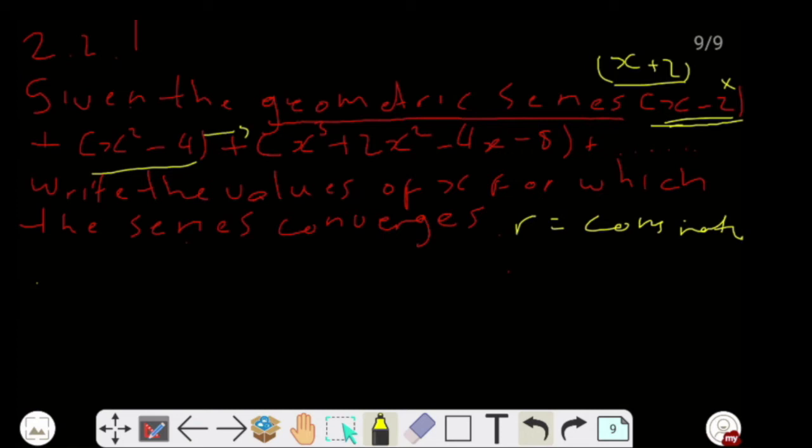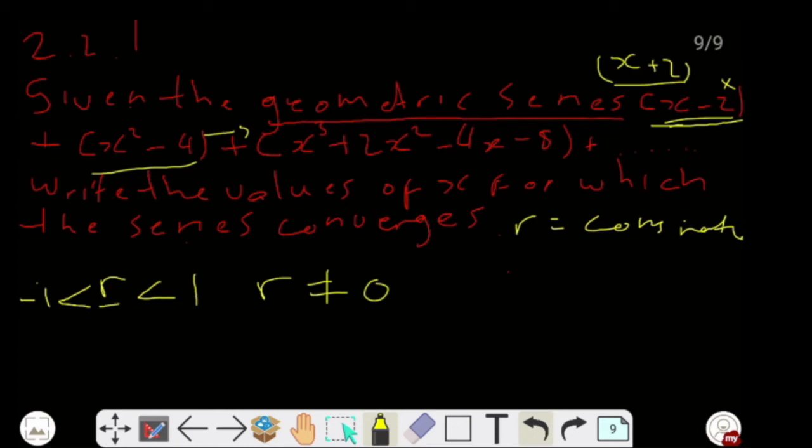Now that we've determined our constant ratio, remember, for a geometric series to be convergent, your constant ratio should be less than 1 but greater than negative 1. And also, your constant ratio should not equal 0, right? And then we've just determined our constant ratio to be x plus 2.